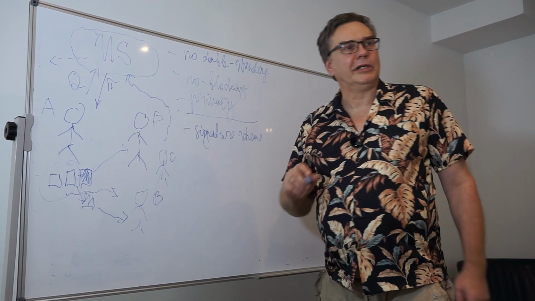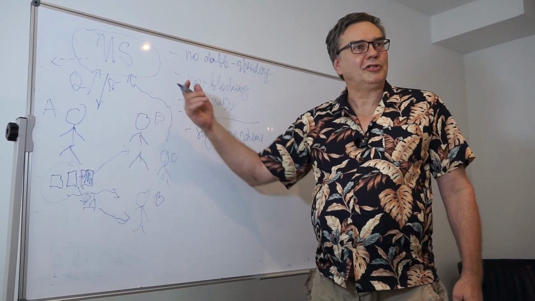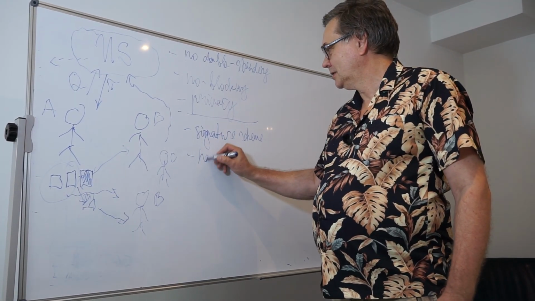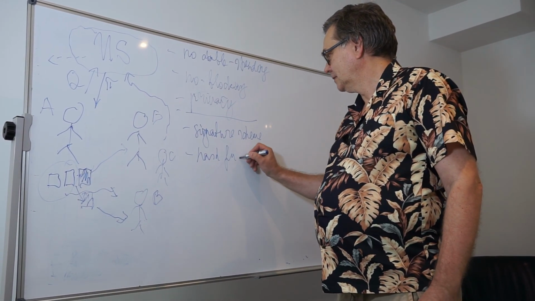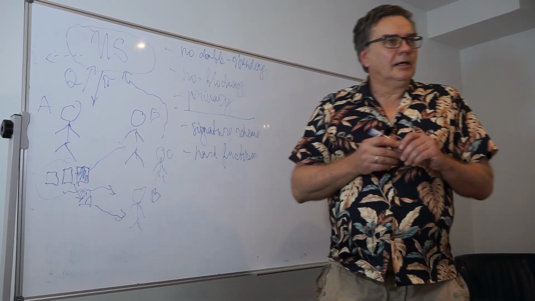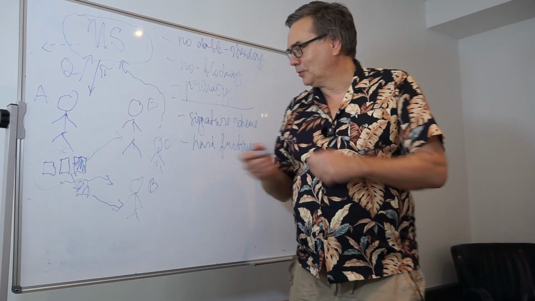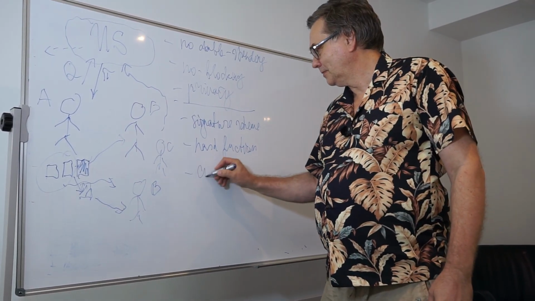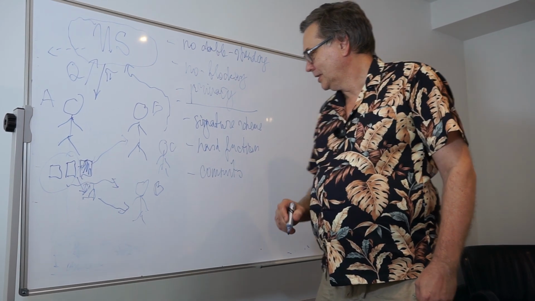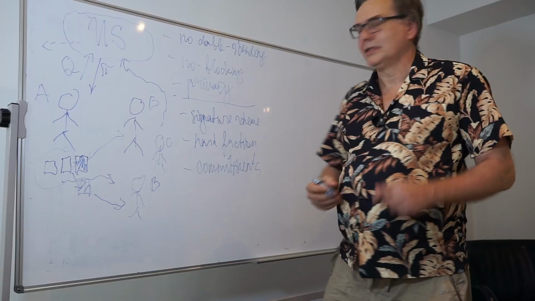Okay, what else do we need? We use maybe some hashing, yeah? So we need a hash function. It turns out that we also need so-called commitment schemes, but we will not go into details in this lecture.